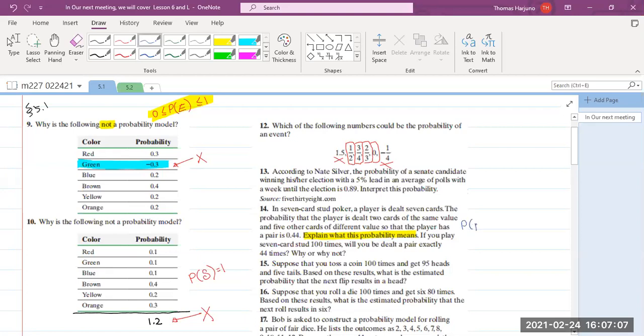The probability to have a pair is 0.44. Okay, now what does this probability of 0.44 mean?